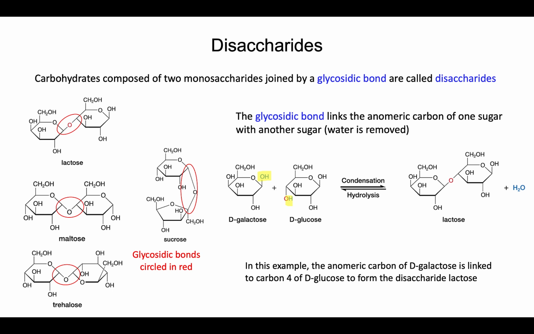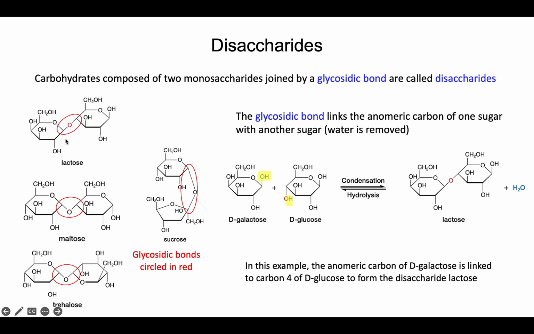So the hydroxyl group from carbon 1, the anomeric carbon, and the hydrogen from the second hydroxyl group form this O-glycosidic bond. So this together is a condensation reaction because a molecule of water was removed to form that linkage.